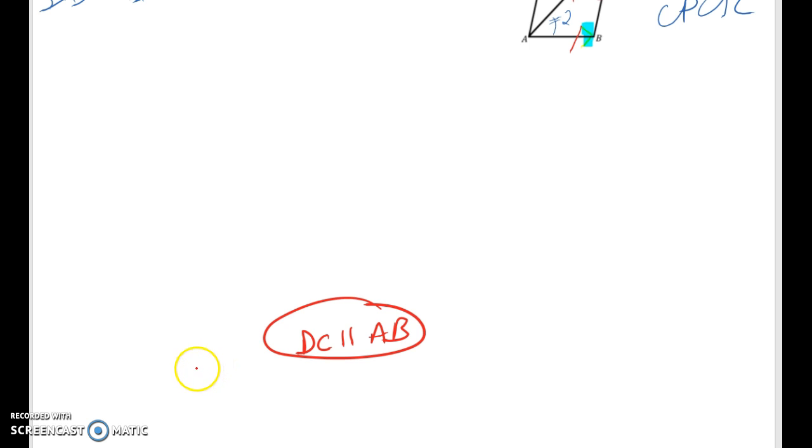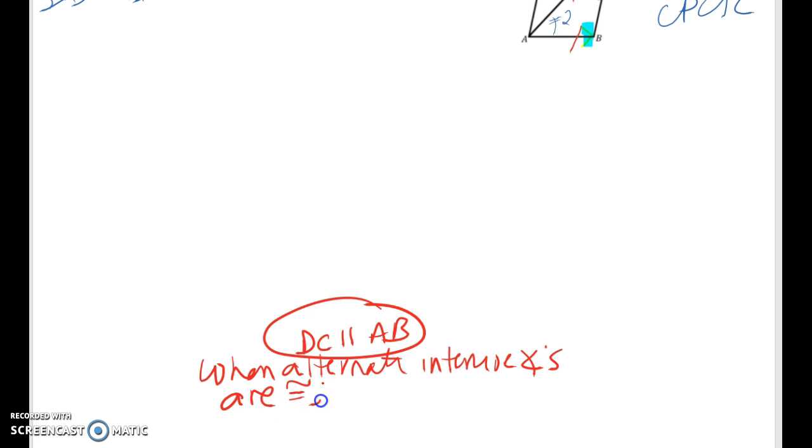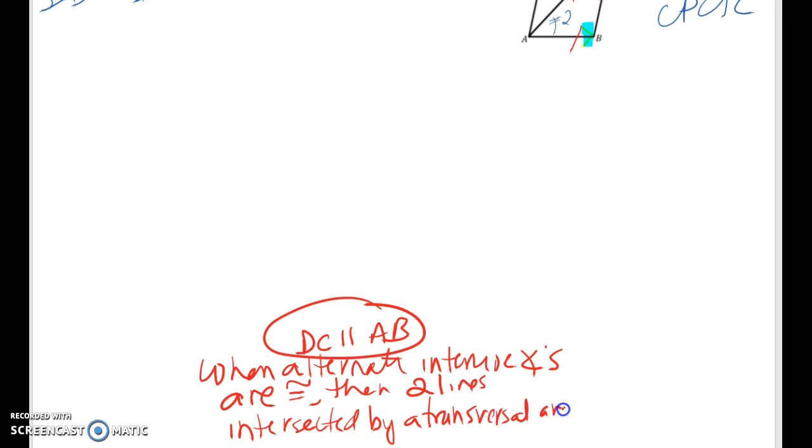I will know that because when alternate interior angles are congruent, then two lines intersected by a transversal are parallel. This is the converse alternate interior angle theorem if you like to state theorems. Again, most of us don't remember what the theorems are called or which one is which, so we're better off just stating what it is we're trying to say.